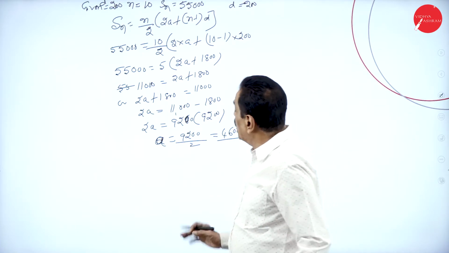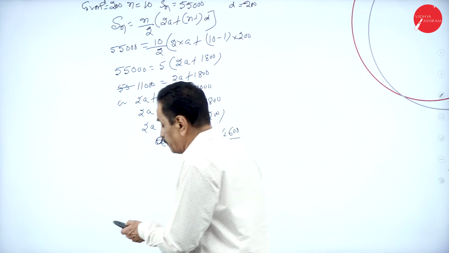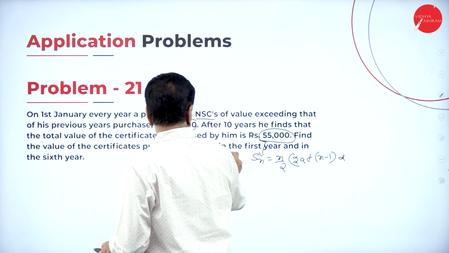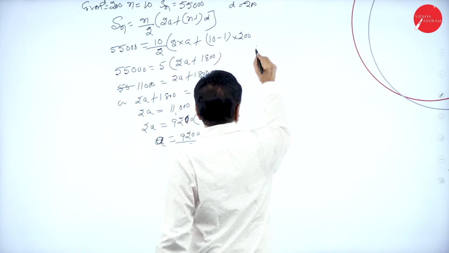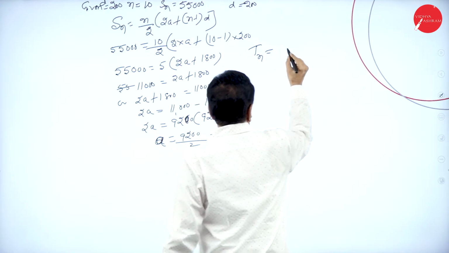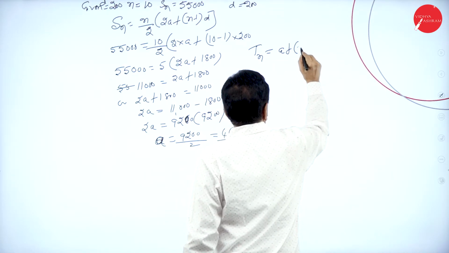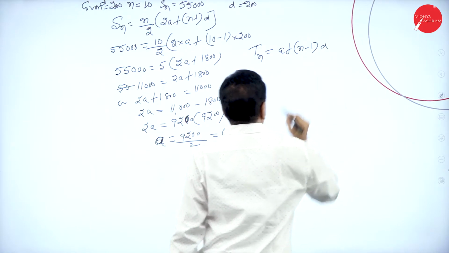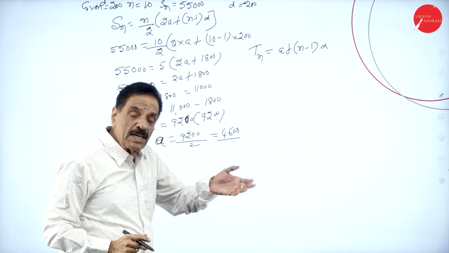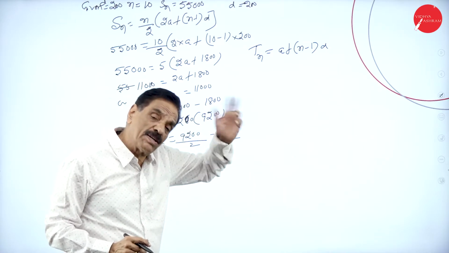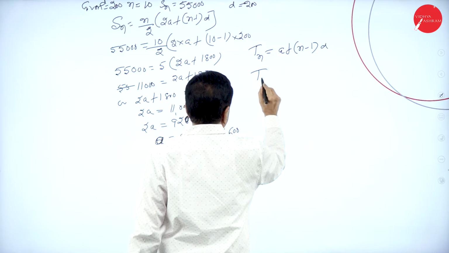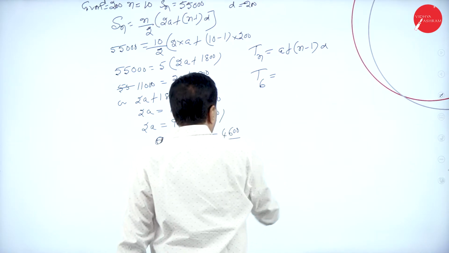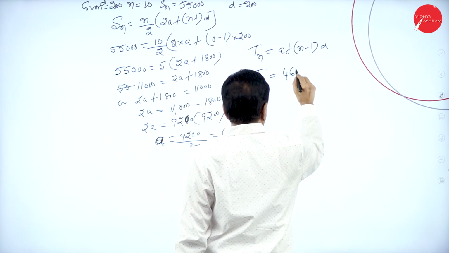Come back. Which value does he want? This is by him, the 1st year. And also in the 6th year, Tn is equal to A plus N minus 1 D. This is the formula. It could be the 14th year, 20th year, 40th year, you have to find out which year he wants. T6. What's your A? 4,600.